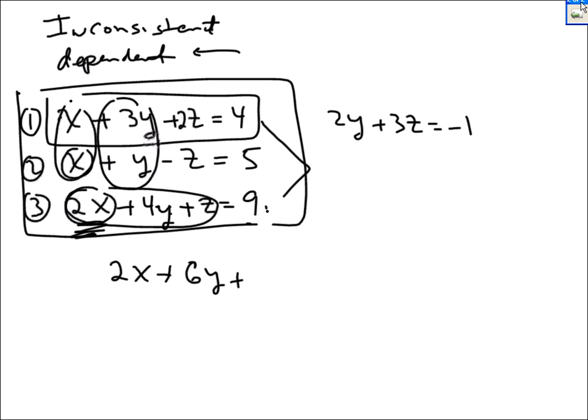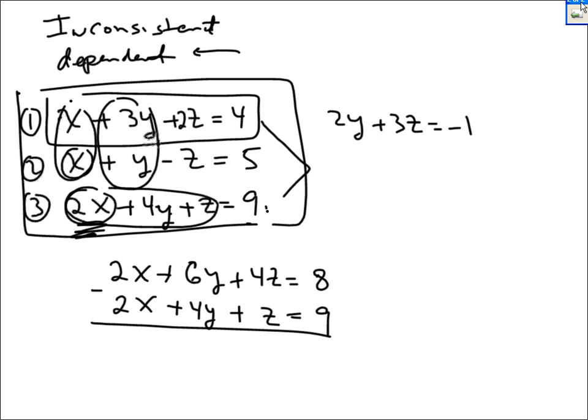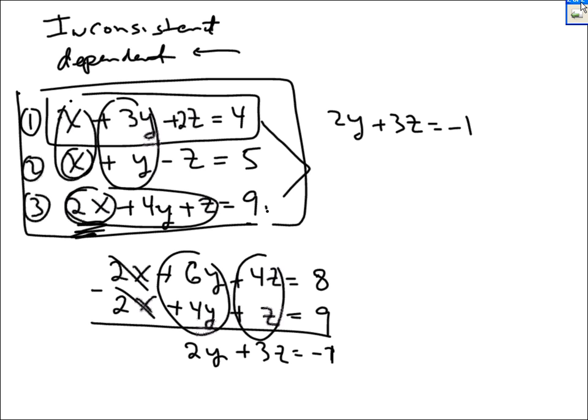The reason we want to double the first equation is because the third equation also has 2x. And I'll do subtraction. 6y minus 4y is 2y. And yeah, the 2x is canceled. 4z minus z is 3z. 8 minus 9 is negative 1. So that's the second equation, 2y plus 3z equals negative 1.